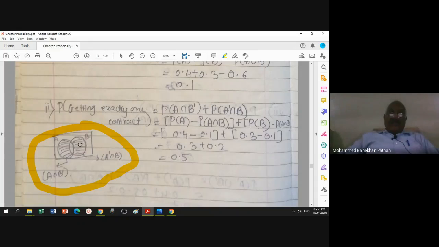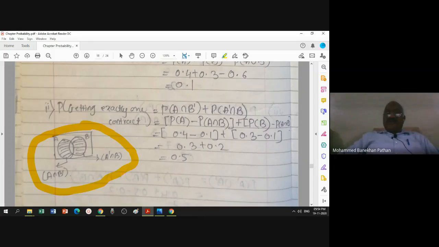I want only B, that means this part. If you take this part, it is A and B. This I don't want. So getting exactly one means addition of this plus this. This is written by notation A intersection B dash, and this by A dash intersection B. Therefore, the probability of getting exactly one contract is probability A intersection B dash plus probability A dash intersection B.